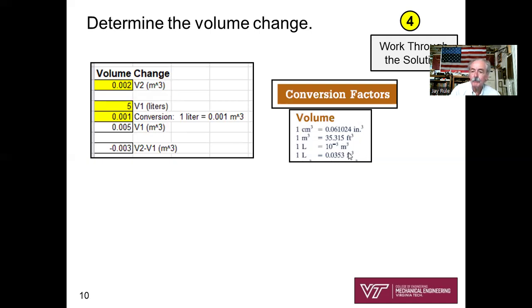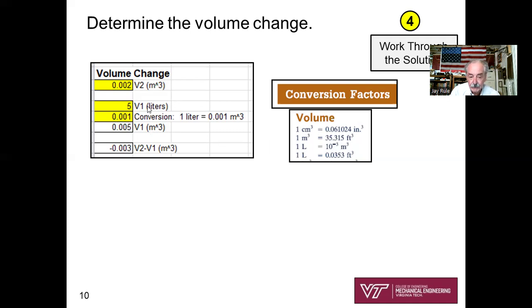Some people would say they have that memorized. I have to admit that most of my career work was not in the metric system. It was in the English system, so I needed a little refresher on that. 1 liter is 0.001 cubic meters.